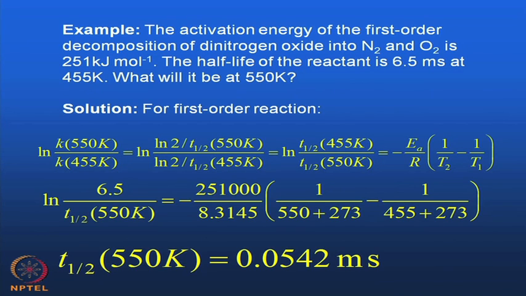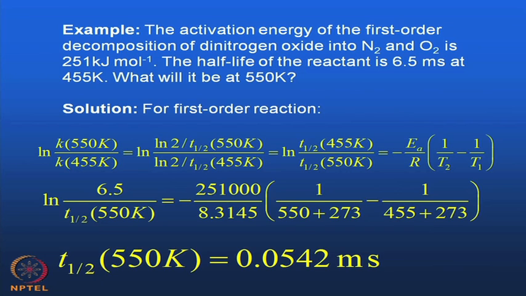Let us have an example. The activation energy of the first order decomposition of dinitrogen oxide into N2 and O2 is 251 kilojoule per mole, and the half life of the reactant, dinitrogen oxide, is 6.5 millisecond at 455 Kelvin. So, what will it be at 550 Kelvin?